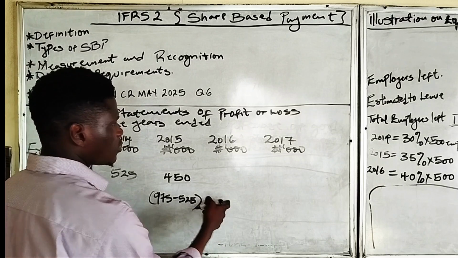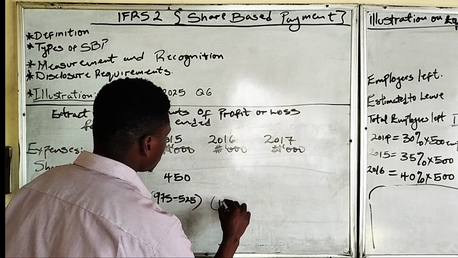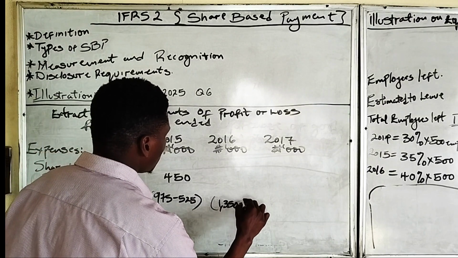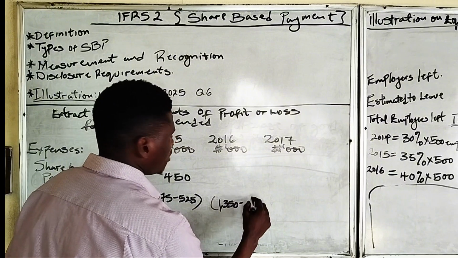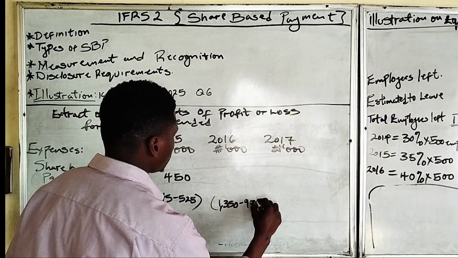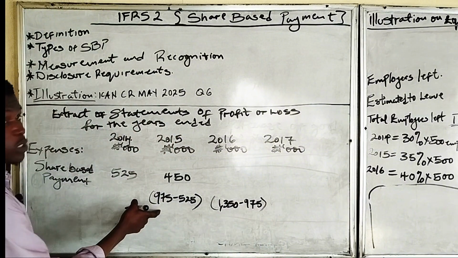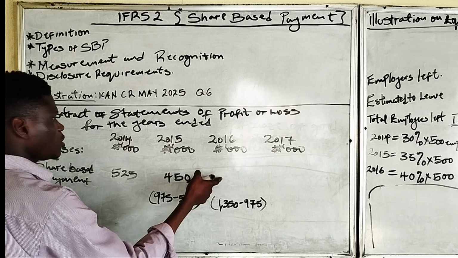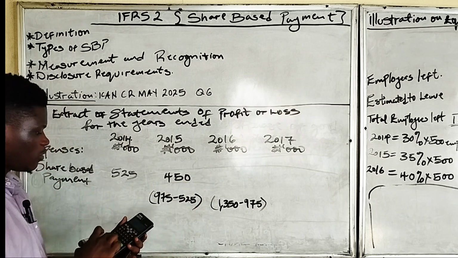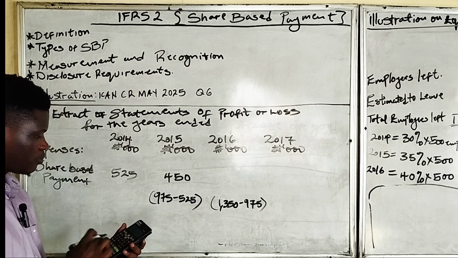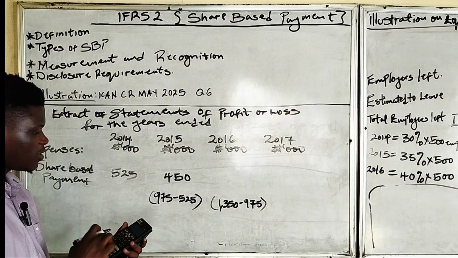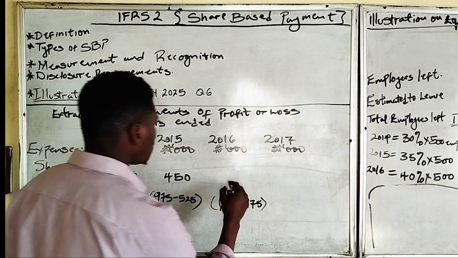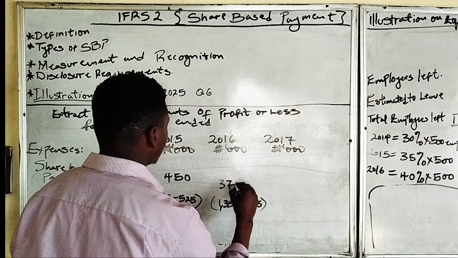So in 2016, we have 1350 minus 975, which is for 2015. That will give us the expenses for 2016. So 1350 minus 975. So we have 375 in 2016.